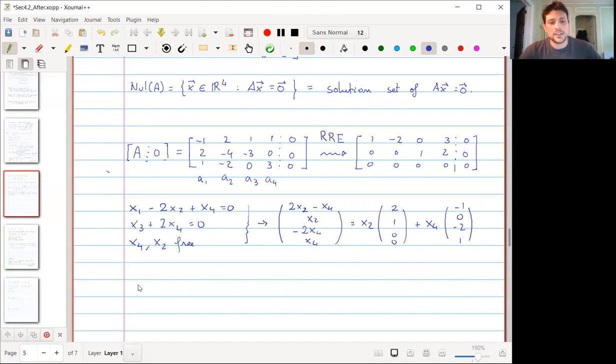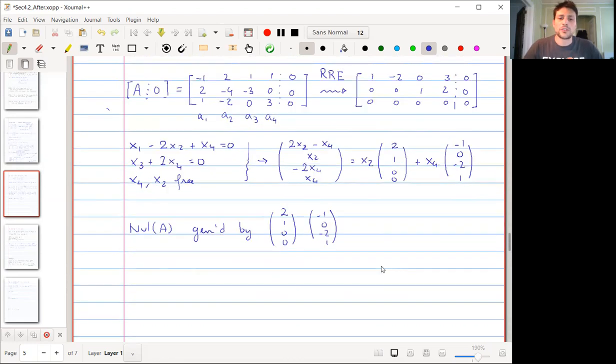This is to say that the null space of A is generated by the two vectors 2, 1, 0, 0, and minus 1, 0, minus 2, 1.